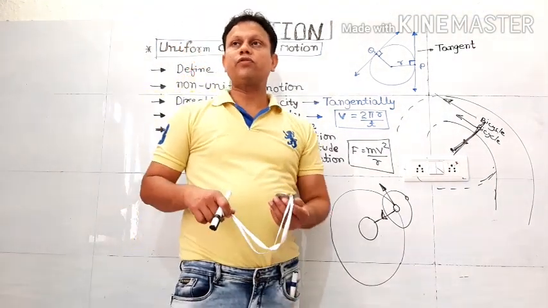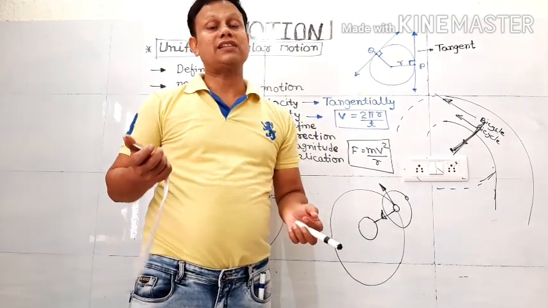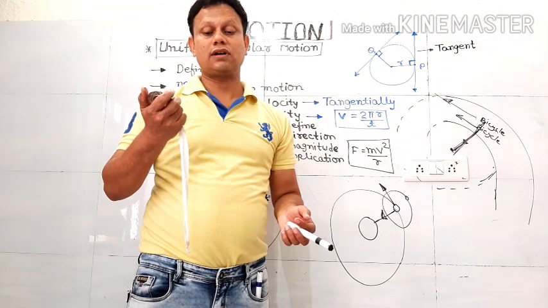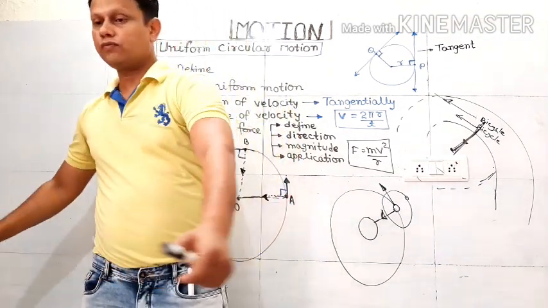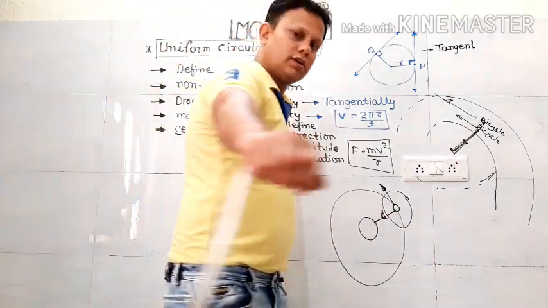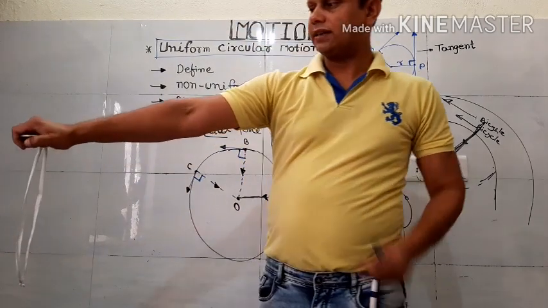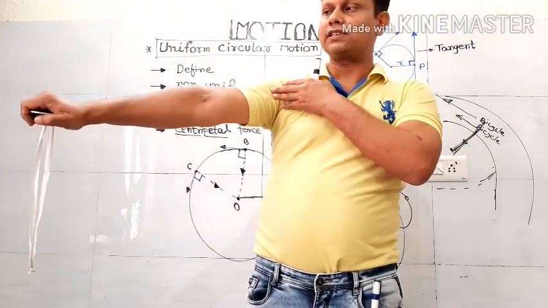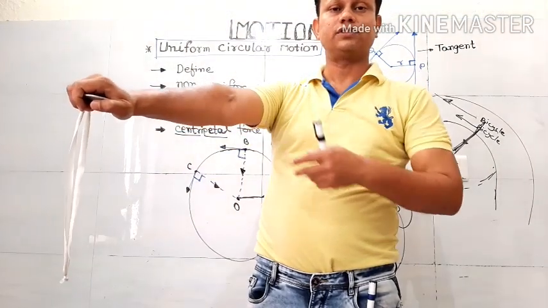Sometimes, if you could observe, there are hammer throw athletes, who have a hammer in their hand, and what do they do? They move in a ring in such a way that, with their muscular force, they provide this hammer a centripetal force.